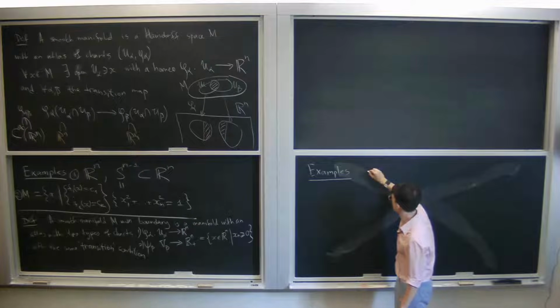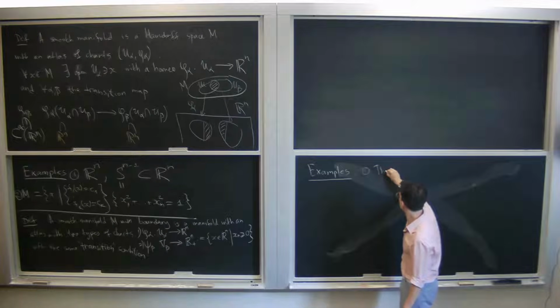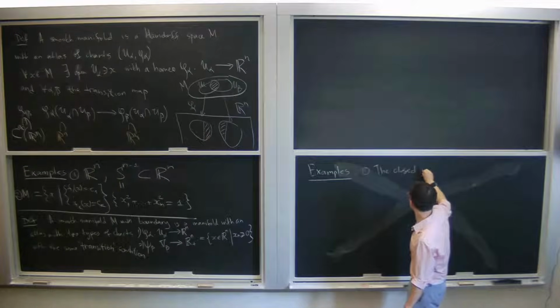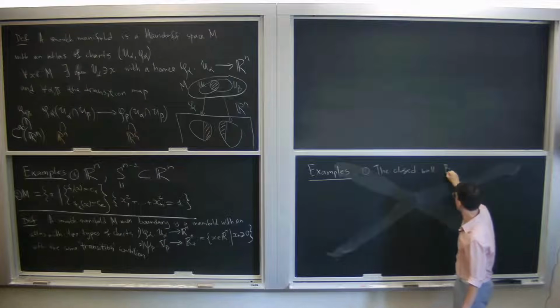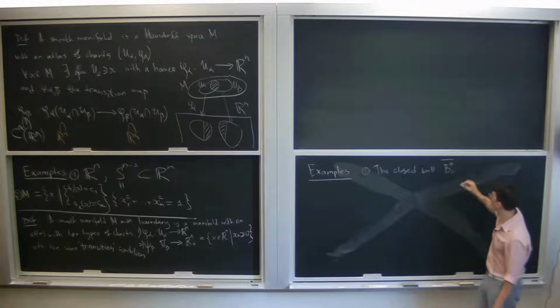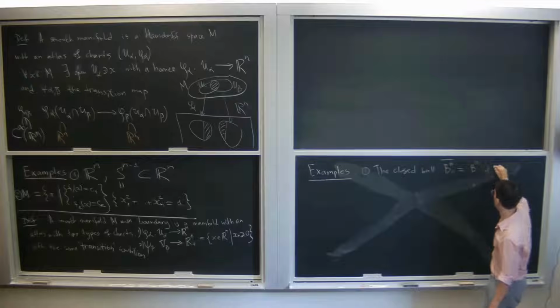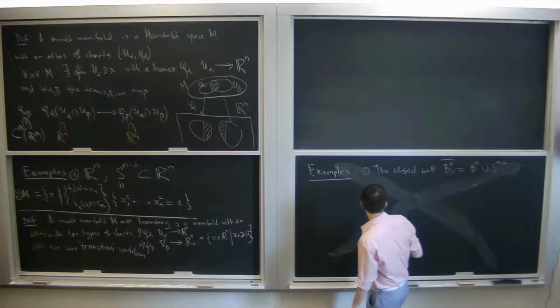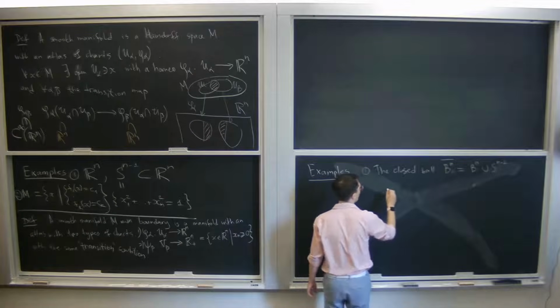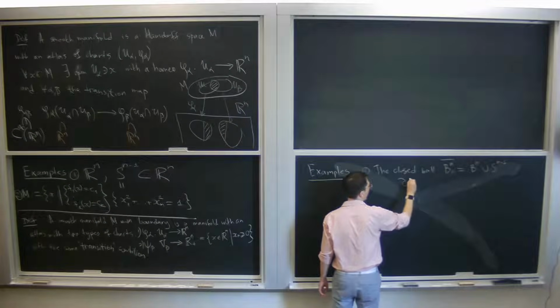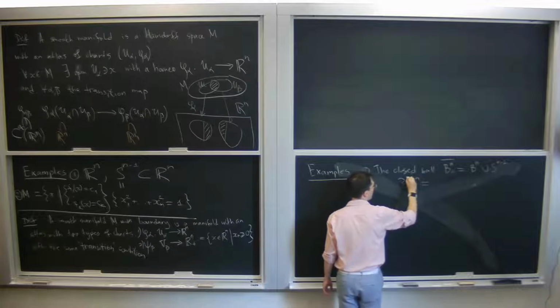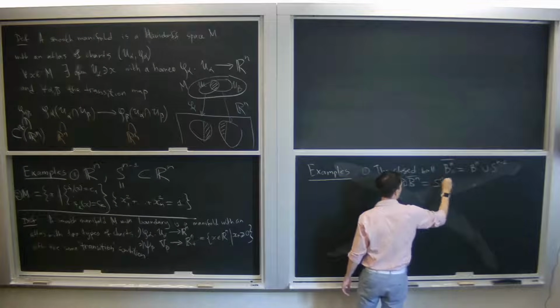For example, the closed ball, which I will denote by Bn bar, which means the open ball Bn with its boundary sphere. It is definitely a manifold with boundary, where the boundary dBn is just this n minus 1 dimensional sphere.